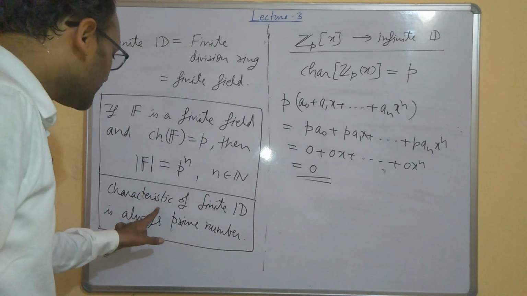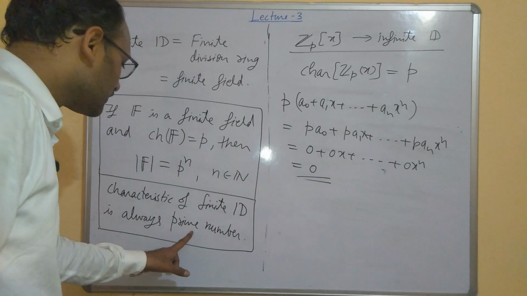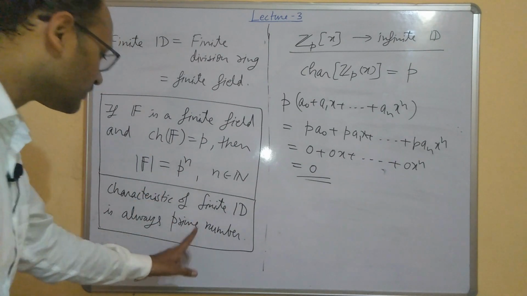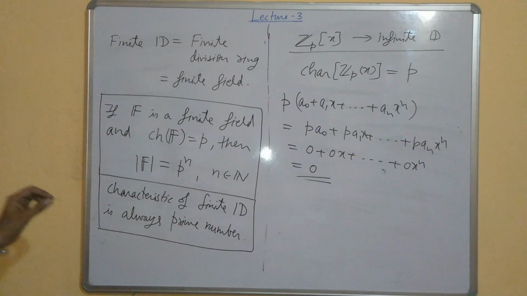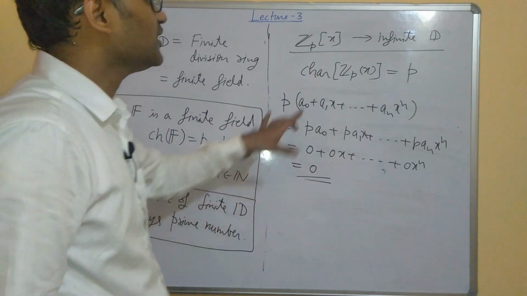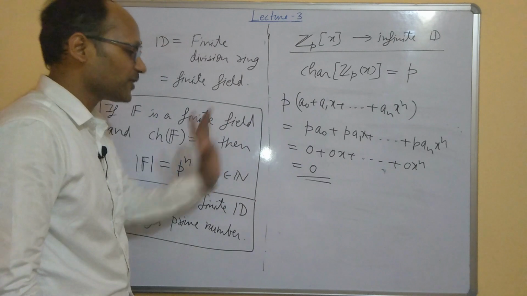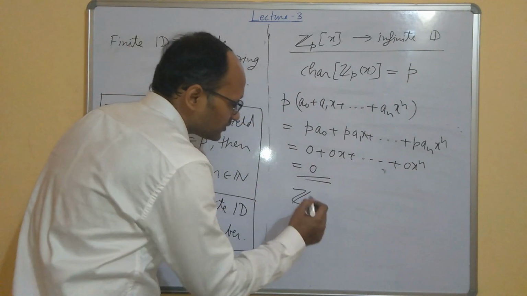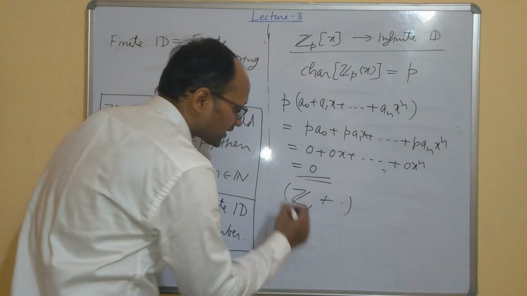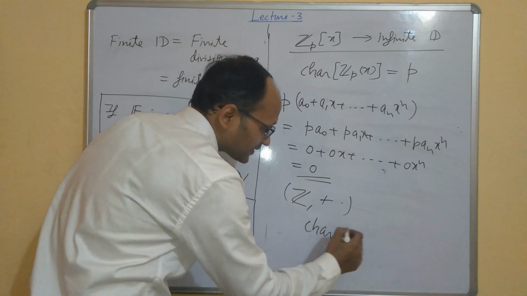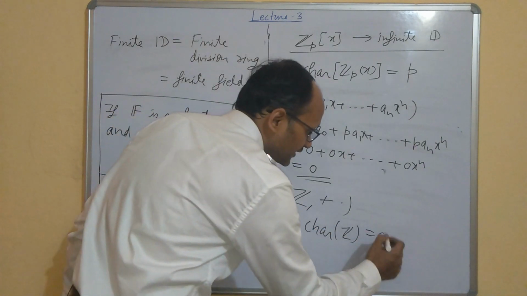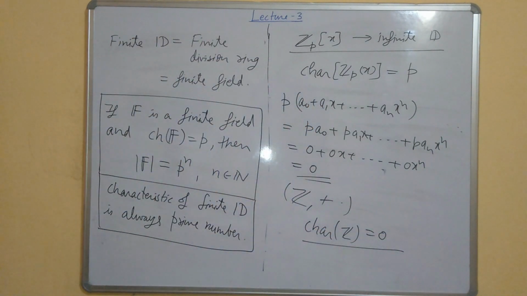So in a finite integral domain you will always have the characteristic to be a prime number. But in case of an infinite integral domain, the characteristic may be a prime number, and also, just like in Z, the characteristic may be 0. This is also an infinite integral domain and its characteristic is 0. So it depends. Thank you.